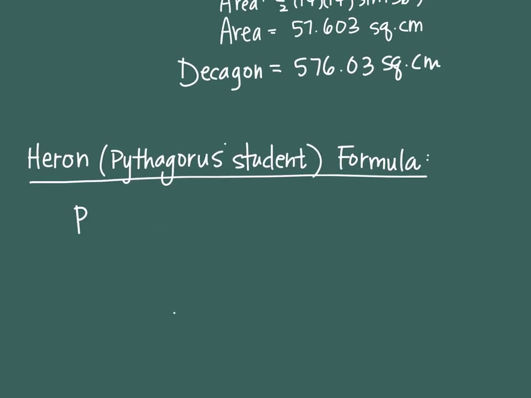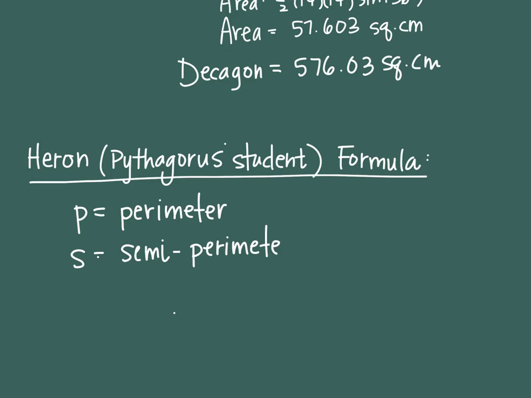Hieron used the letter P to stand for the perimeter, and the perimeter is all the sides added up. He used the letter S to stand for something called the semi-perimeter, which means half perimeter.